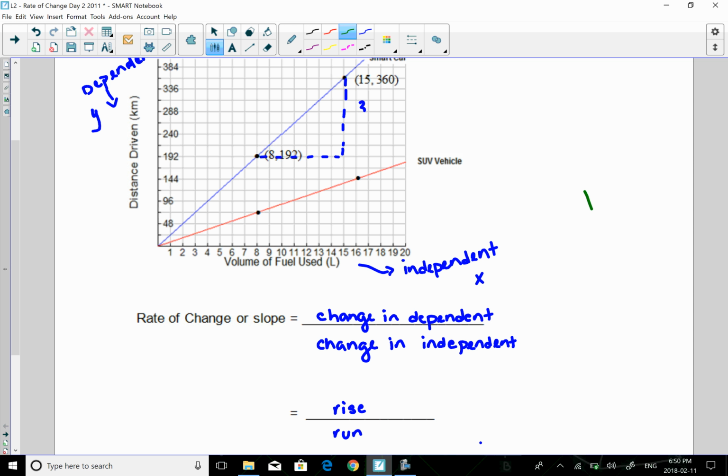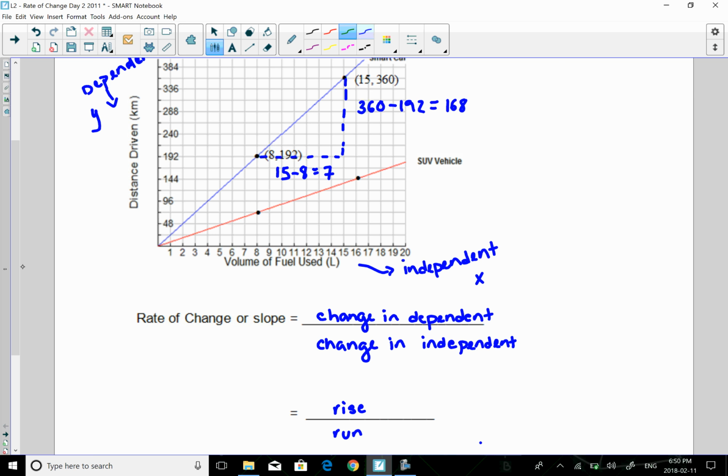I'm going to do 360, because that's where that is, subtract 192 to get that change. And here is going to be the distance between the independent, which is 15 and 8. So I'm going to do 15 minus 8 to get that change.